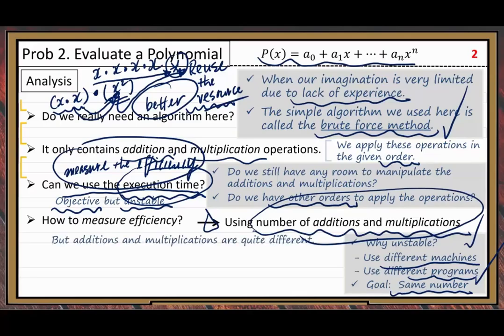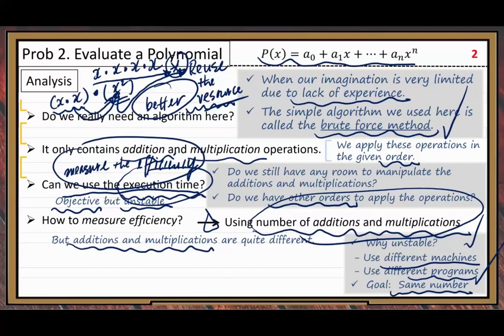But there is another problem. When you use these two counting numbers, because at the end, we only want to use one measurement, right? Not two measurements. At the end, we want to use one number to represent our efficiency measurement, not two numbers. But your additions and multiplications are different operations.